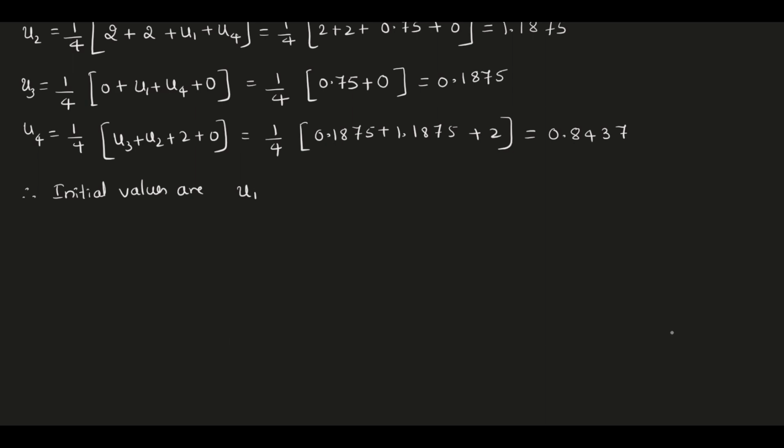What is u1? u1 is 0.75. u2 is 1.1875. u3 is 0.1875. u4 is 0.8437. These are the initial values.